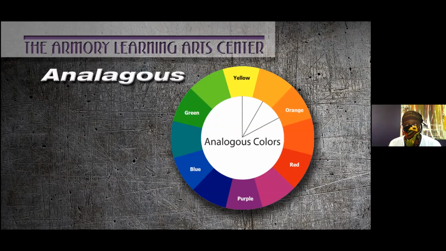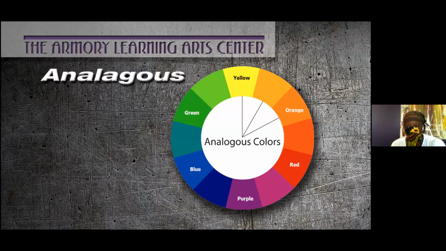Now, you also have on the color wheel analogous colors, and these are colors that are next to each other on the color wheel. So you got yellow, yellow-orange, and orange, because if you combine yellow and red, you get orange, and if you notice, orange is the color that's right in the middle of yellow and red.